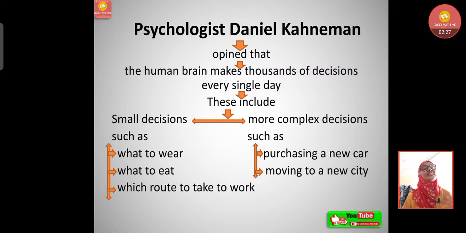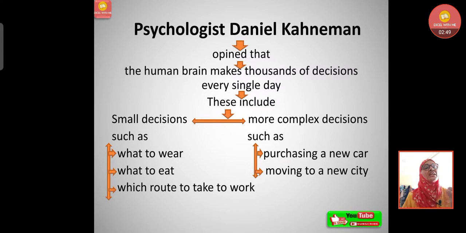Now psychologist Daniel Kahneman opined that the human brain makes thousands of decisions every single day. Obviously, even if you are not discussing or talking with somebody, the brain will be working, and our thought process is continuously at work.